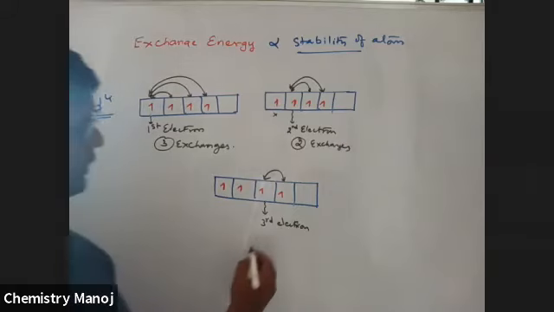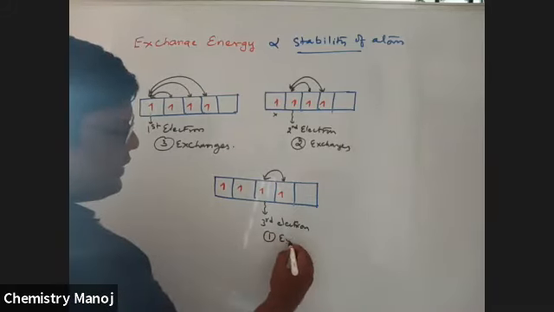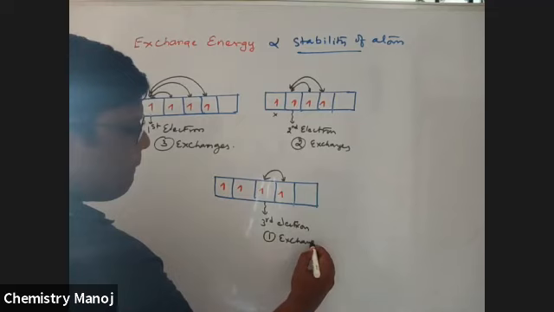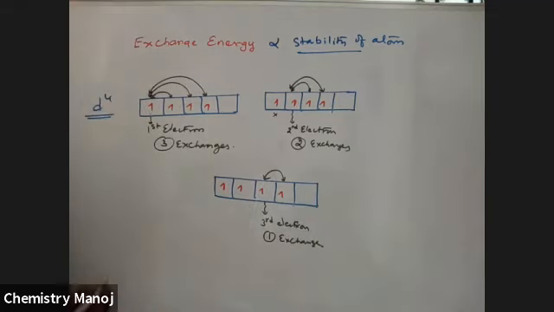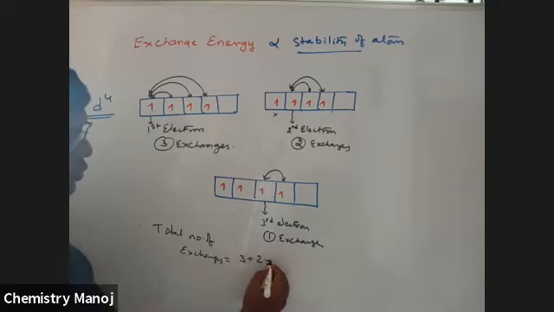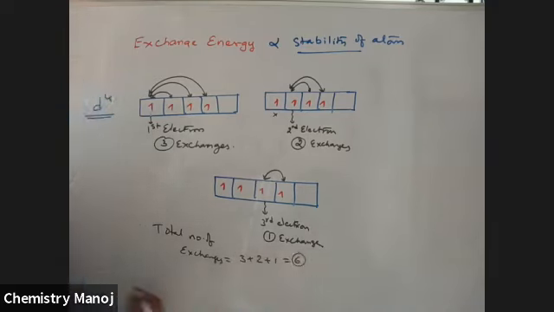That means one exchange. Therefore, the total number of exchanges is equal to 3 plus 2 plus 1, which is equal to 6. Total number of exchanges made by that d4 configuration.